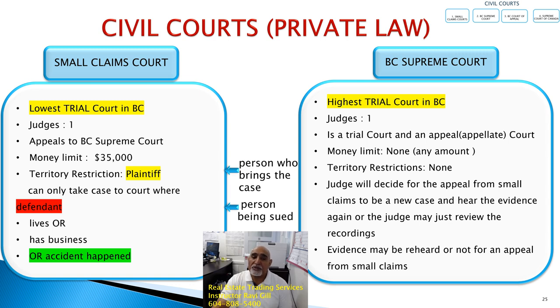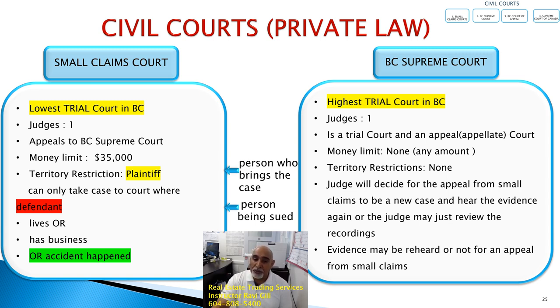The other thing is what's called a territory restriction. Territory restriction prevents the plaintiff from abusing the system. The plaintiff is going to sue or take the case, and the defendant is going to defend the case, but it all depends on where the defendant lives, or where the defendant has business, or where the accident happened.